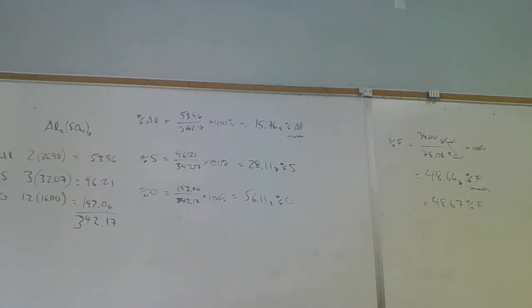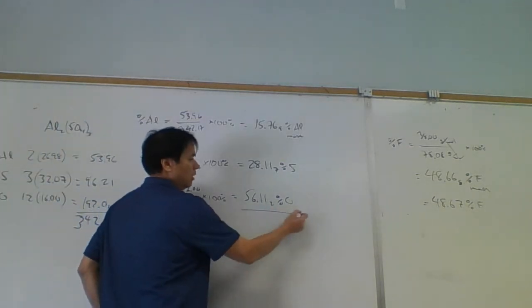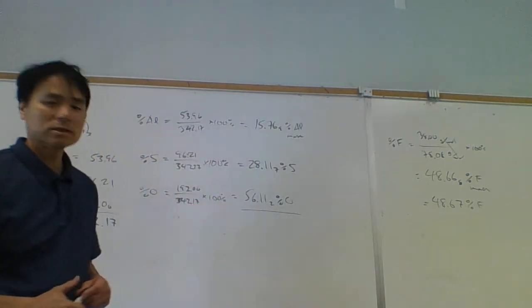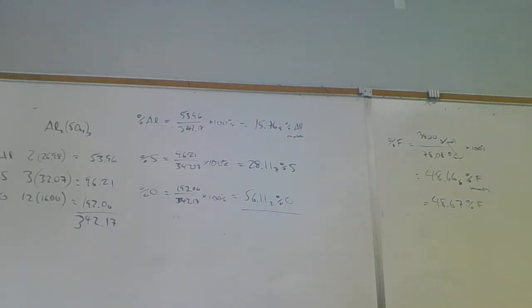We could do a check. One way to check our answer is all these should add up to what? 100%. So let's just make sure we aren't missing anything or made some calculation error. So I'm going to go 15.769 plus 28.117 plus 56.112.